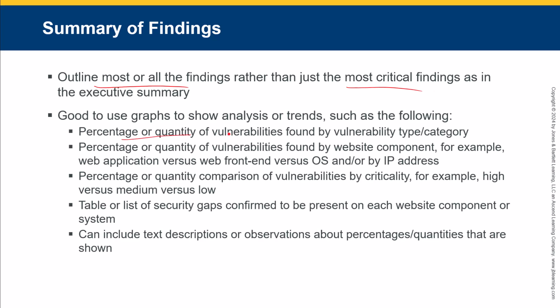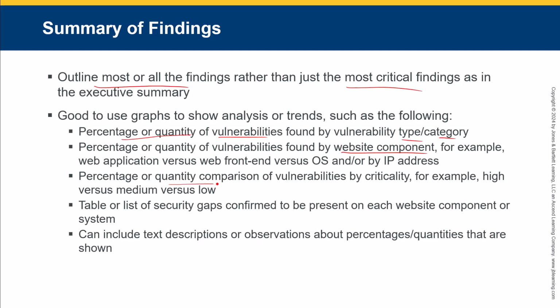It includes the percentage or quantity of the vulnerabilities found, vulnerability types and categories, and website components, such as web app versus front end versus IP address. All of that is information that needs to be identified so that they can figure out how to remedy these.